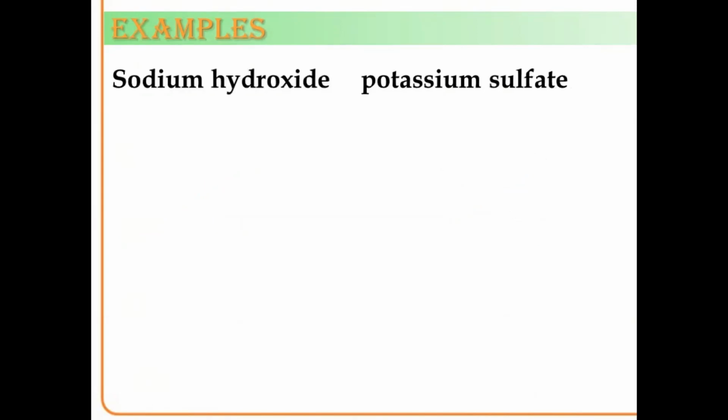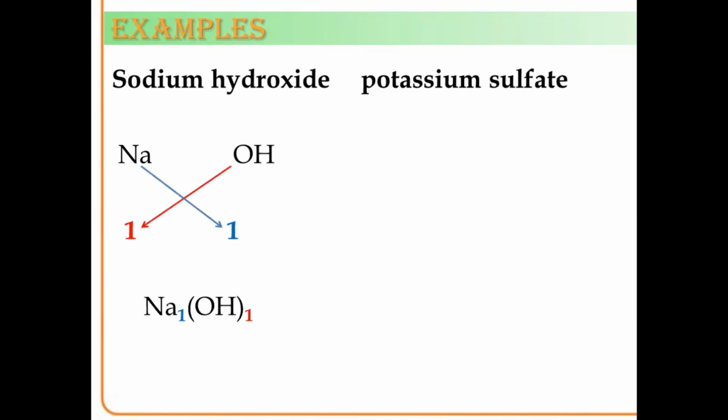All right, so we have a few more examples, sodium hydroxide and potassium sulfate. So let's start with, rather, sodium hydroxide. We put down the symbols, Na, OH, valencies 1, 1, crisscross, and then our formula is NaOH. The OH is in brackets with the 1, but because we simplify, the brackets disappear.